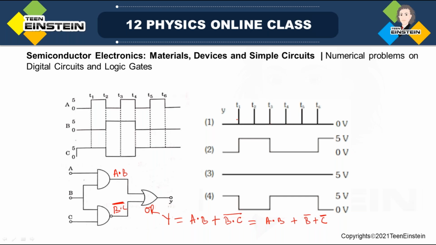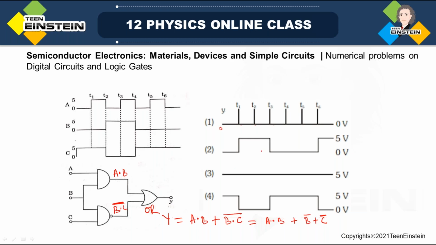The first option says that the output will always be at low level, whether it is 0 to T1, T1 to T2, or T2 to T3. So the output is always at low level.